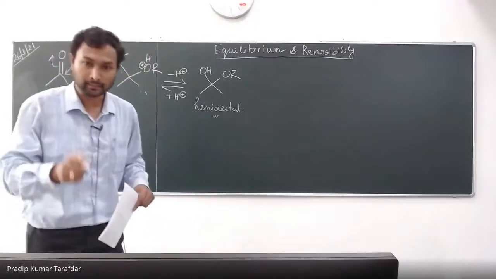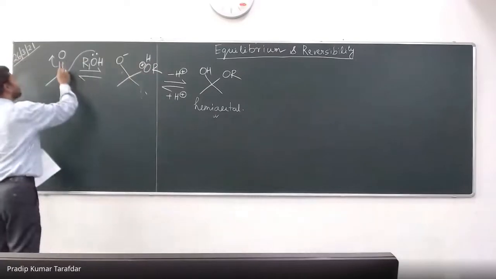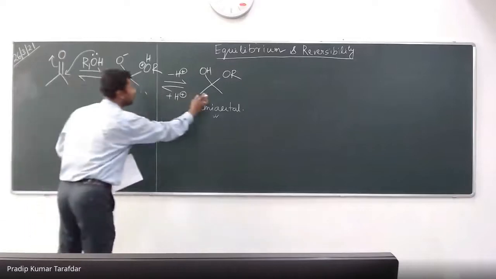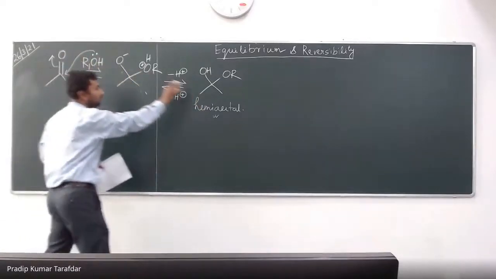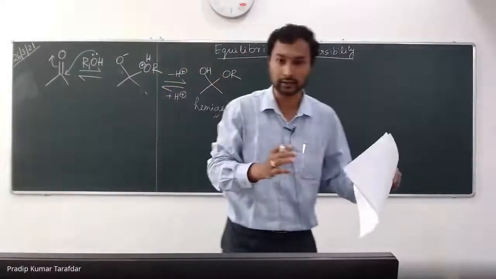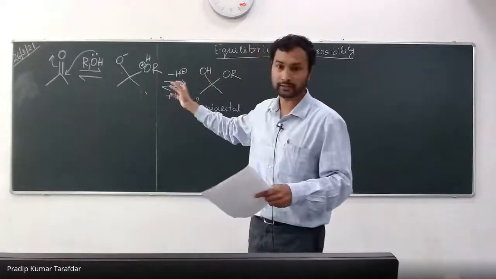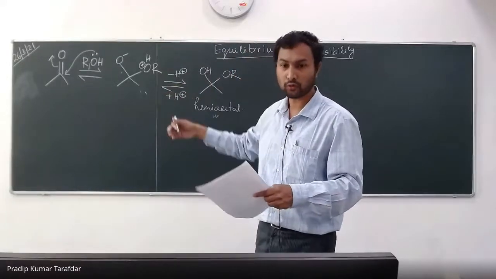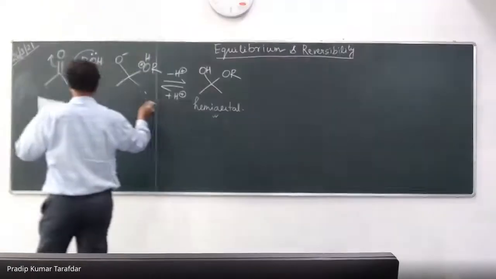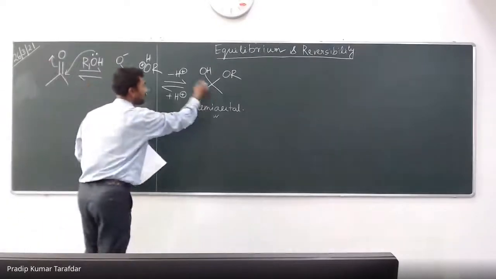But at the same time, you can get some other reaction, because they will be in equilibrium. This one and this one will be in equilibrium. So both are present. Last class we have shown it is 1:1 for some compounds. In fact, this is not even 1. This is probably more or less 0.1 or even less. So that means most of the equilibrium will be on this side, not at the product side.